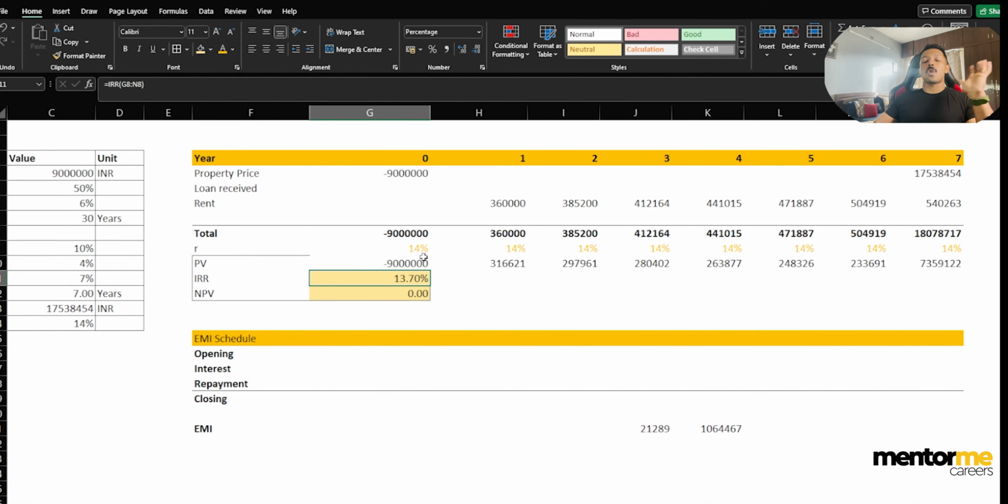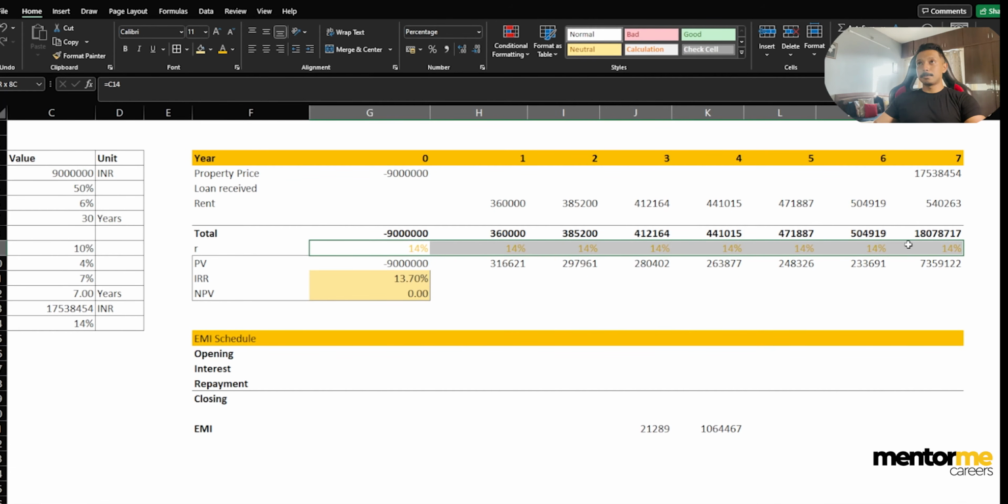Now that might be a lot to understand, but you'll have to do this calculation a couple of times to understand why I'm saying this, because IRR finally is a hit and trial method. That is the reason you have to be careful with what you want to interpret with IRR. Anyways, even if you didn't get the second part, that's fine. But if you get the first part, that this is how it is happening, then you will never forget IRR. So that is the internal rate of return.